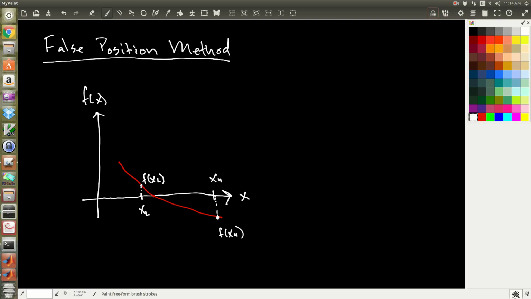And that's just because the function is closer to the x-axis here than it is over here.